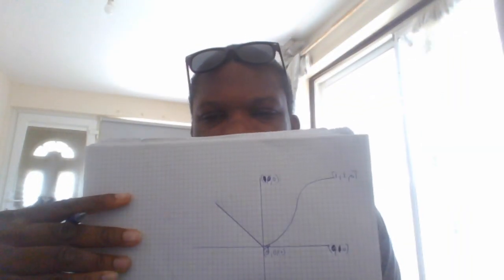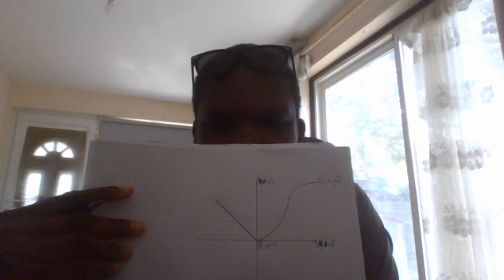So basically, the activation function is that. 0, 0, 0. So we're gonna have this kind of geometry element.